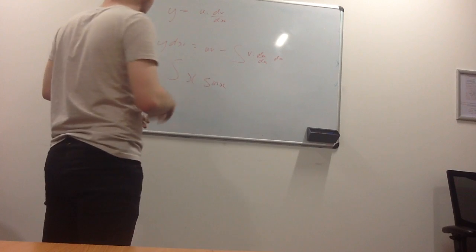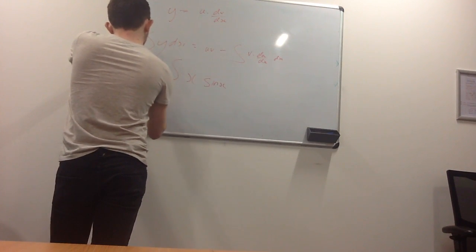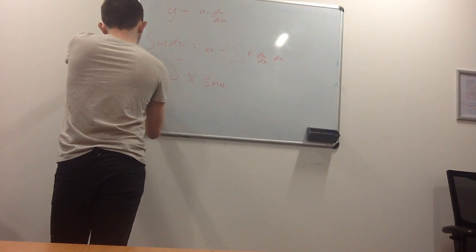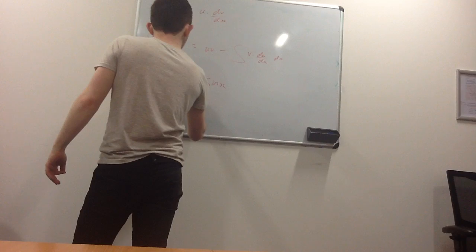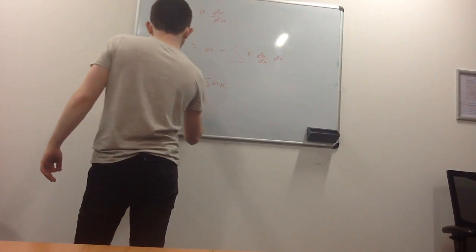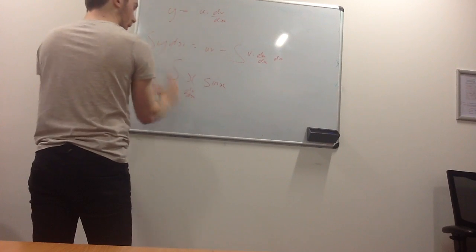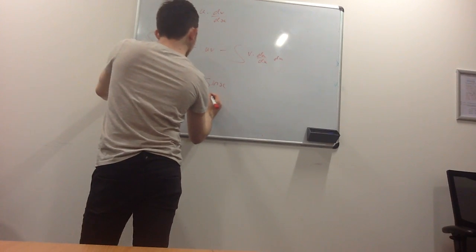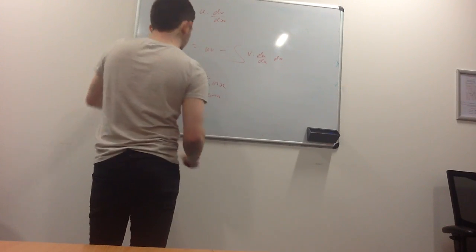It'd be gone. So I'm going to make u equal to my x, and du by dx will just equal 1. I'm going to make my dv by dx equal to sin x, and I find out my v. Notice I have these two on the same line, because you're going from one and then going to the other.